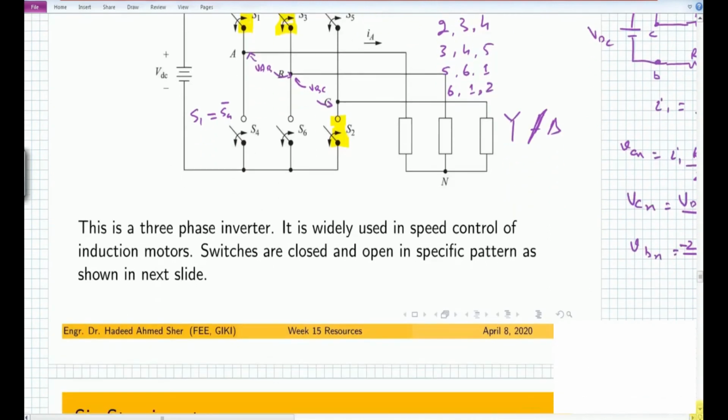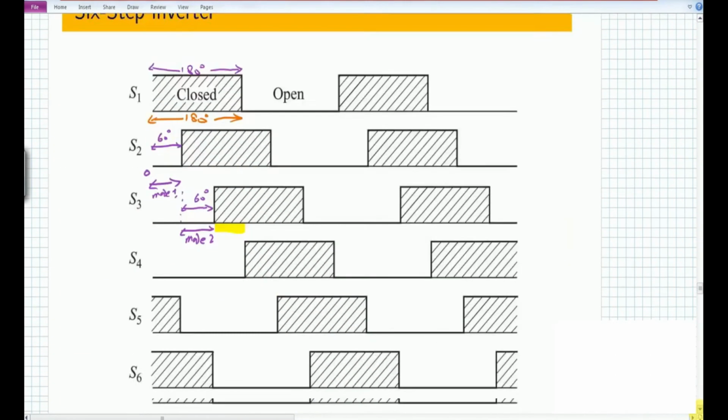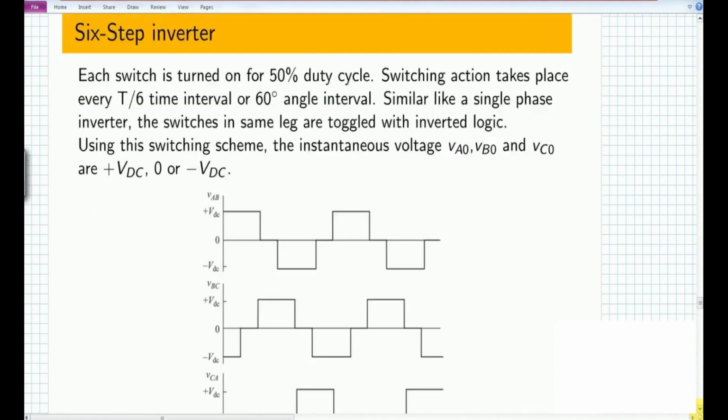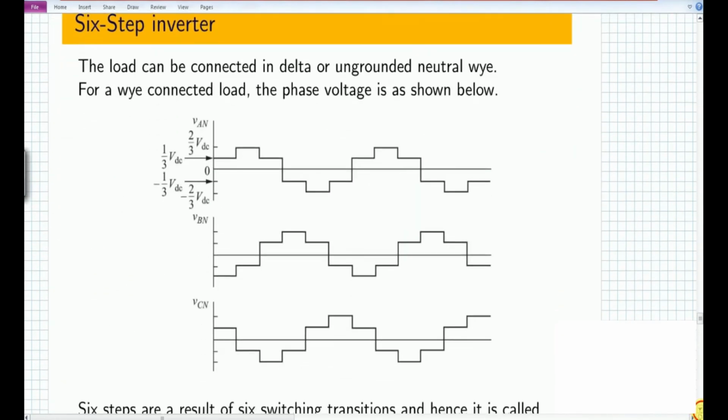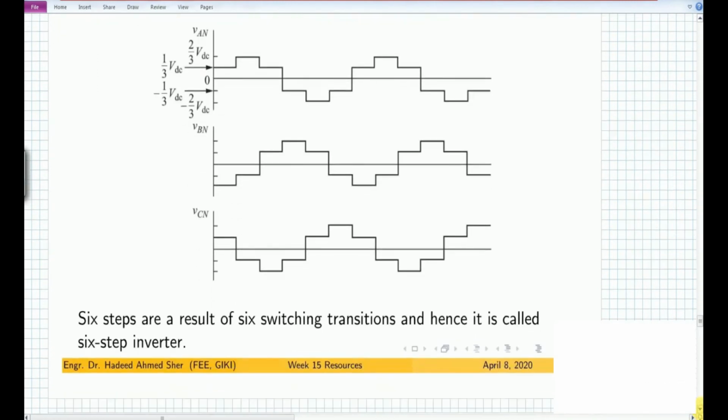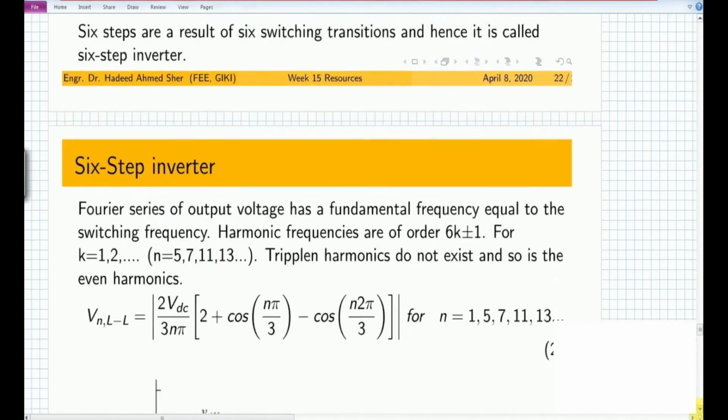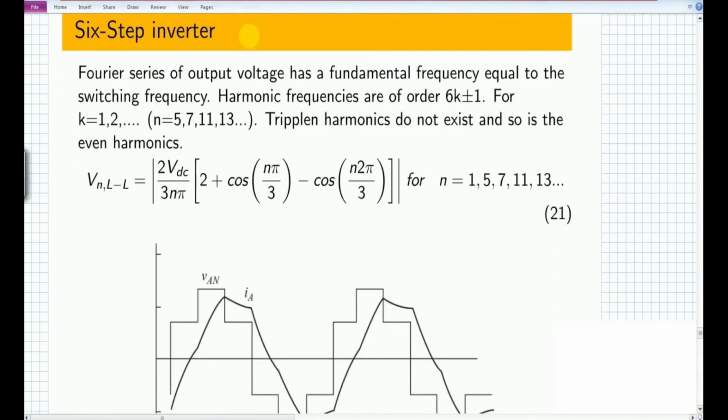If we go further and we would like to see what kind of voltage and current relationship we will have, this is the same thing that we have discussed earlier. If we go further for the Fourier analysis of the output value, where we have some fundamental frequency as well, the interesting point here is that the harmonic frequencies appear at 6k plus minus 1, for k equal to 1, 2, and so on.